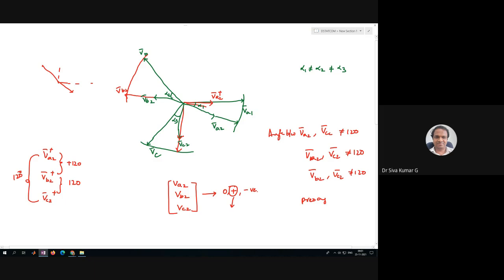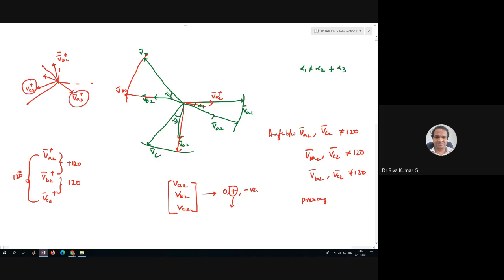Here also there is a slight phase shift of the positive sequence voltage, and this one might come over here. This is VA2 positive sequence, VB2 positive sequence and VC2 positive sequence. These are the positive sequence voltages.